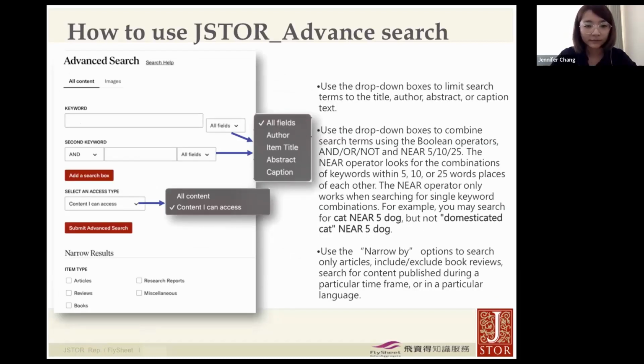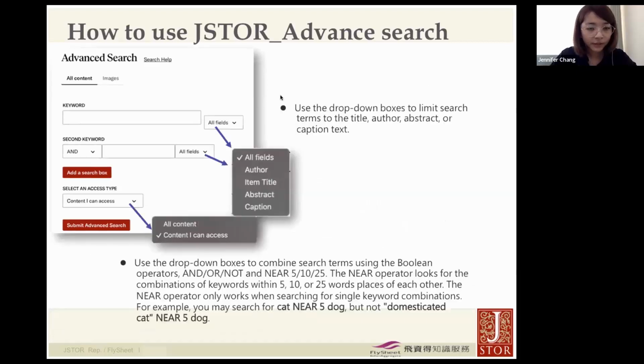Okay. So here's the next page about search. Use the drop-down boxes to limit search terms to title, author, object, and caption context. Okay, here. We have duplicate pages, I suppose.